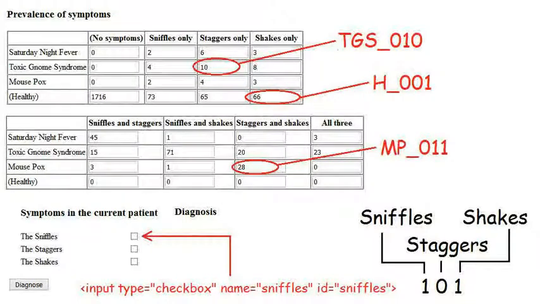Putting these 2 parts together, separated by an underscore, gives the name for each input field. So the default value in field TGS_010 shows that 10 patients with nothing but the staggers have been diagnosed with toxic gnome syndrome, just as 28 people with the staggers and the shakes turned out to have the dreaded mousepox.